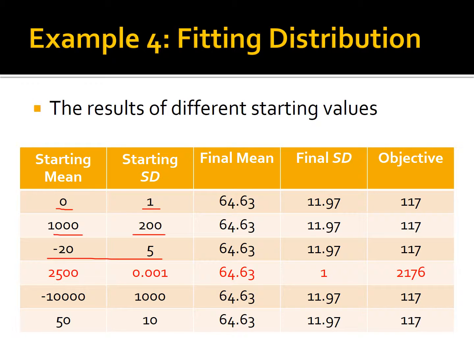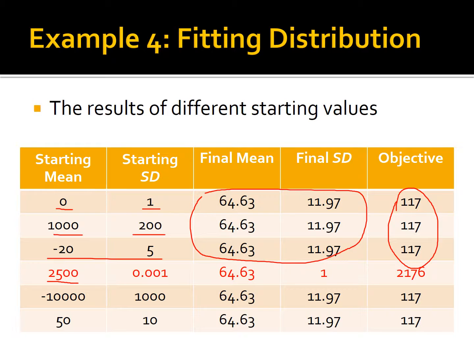I still get the same final mean and final SD, and the same objective. When I use 2500 for the mean and 0.001 for the starting standard deviation, I got a different result, but the objective is very high. So from this, I am pretty sure that the mean is 64.63 and the final SD is 11.97.